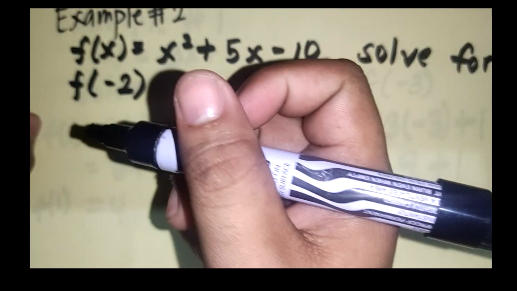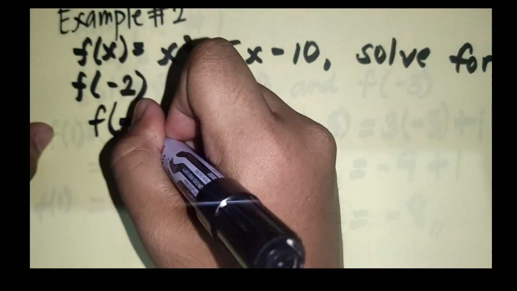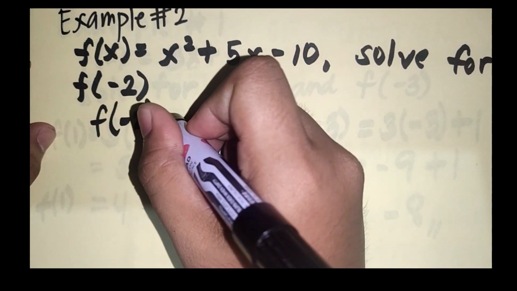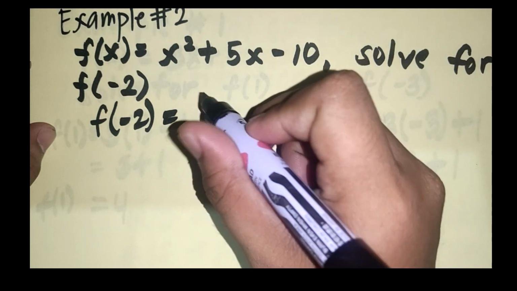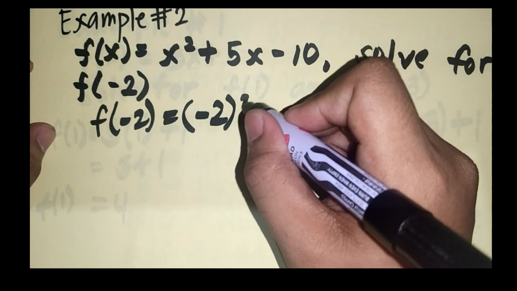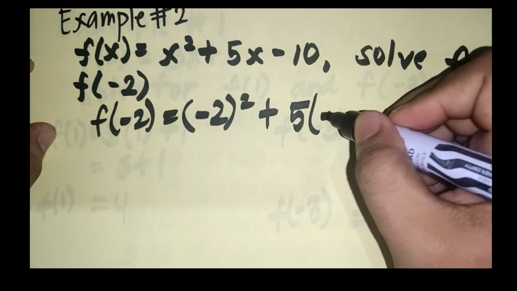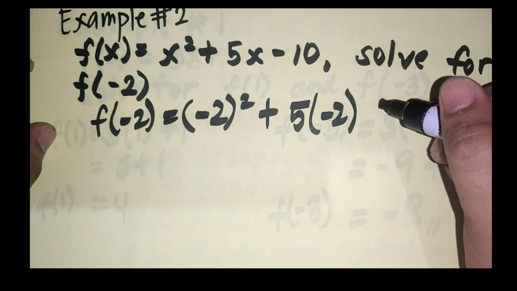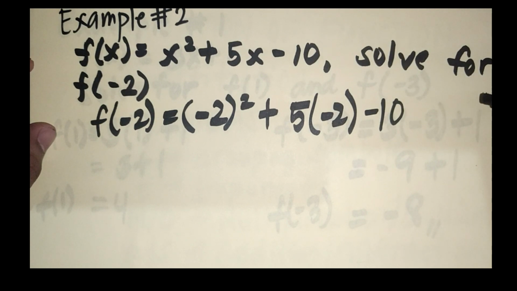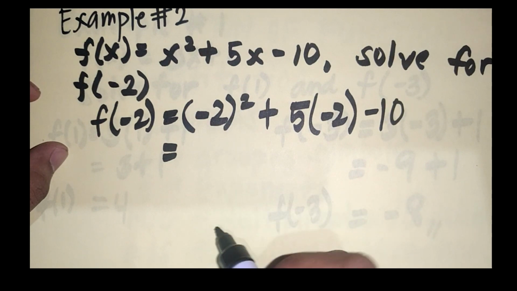So let's write f of negative 2, then equals negative 2 raised to 2 plus 5 times negative 2 minus 10. Okay, then evaluate negative 2 raised to 2.